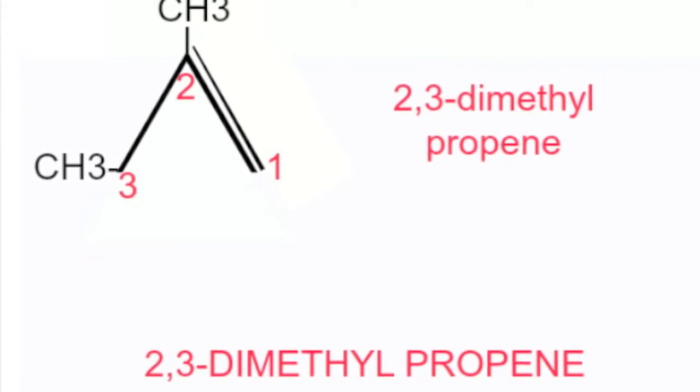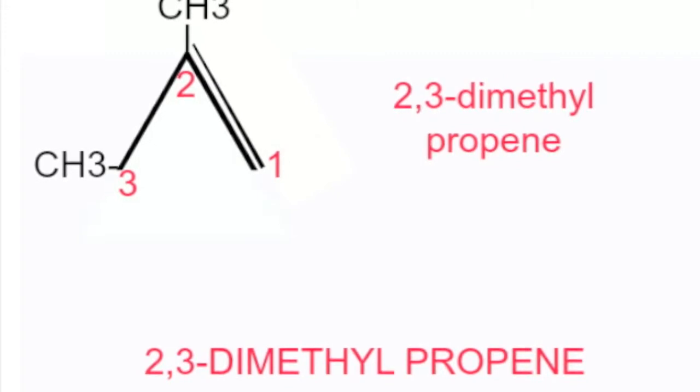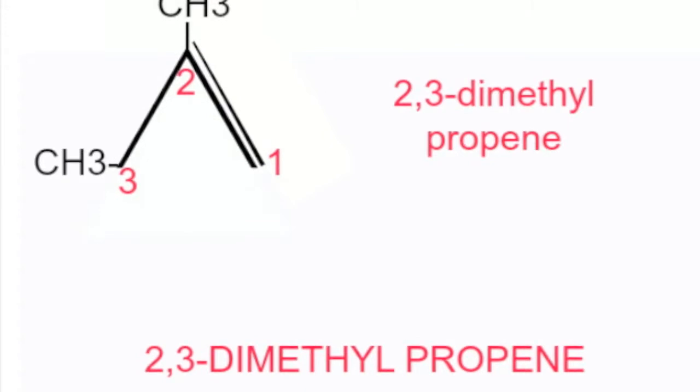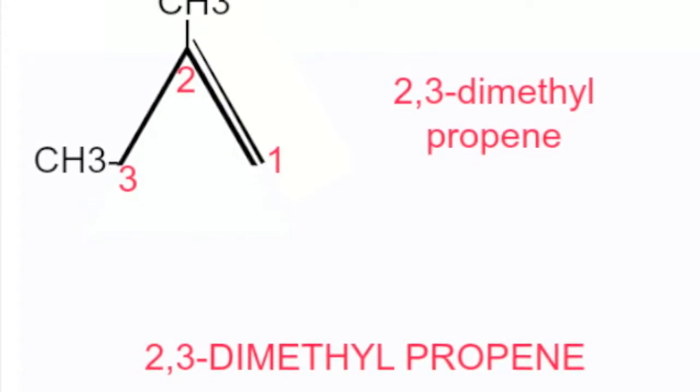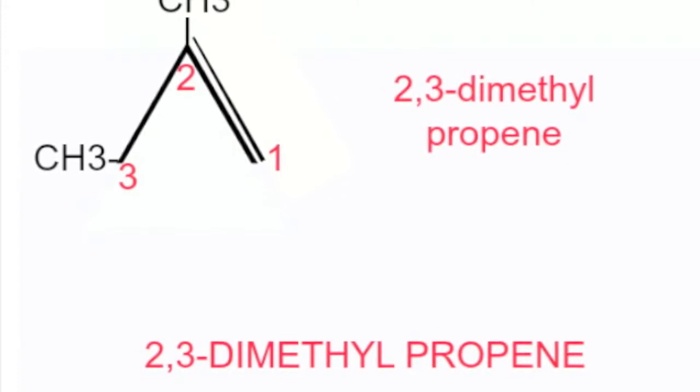The prefix, according to the number of carbons, is prop. But now we have another suffix, because it's an alkene. The suffix is -ene. Therefore, the name for this compound is 2,3-dimethylpropene.